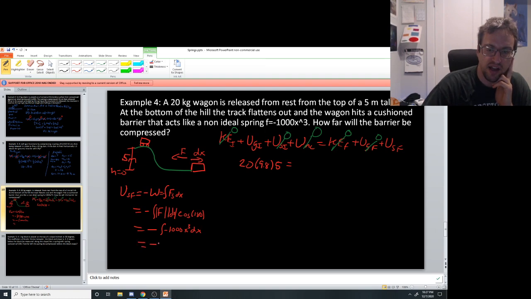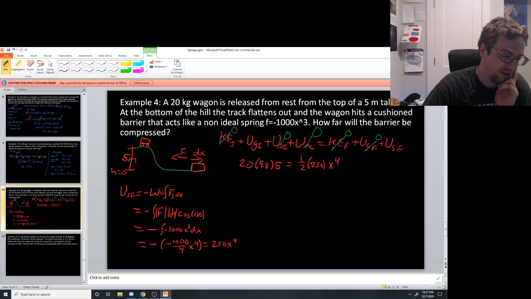Okay, that is negative, and the integral of this, we add 1 to the exponent, and then divide by that exponent. So it's going to be negative 1000 over 4 x to the fourth, which is just 250 x to the fourth. This is 1/2 times 250 x to the fourth.